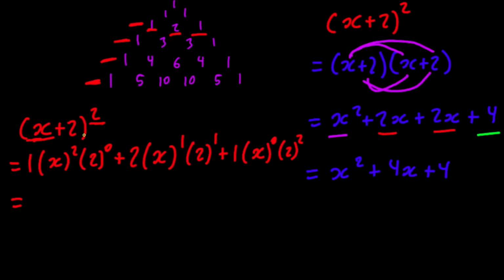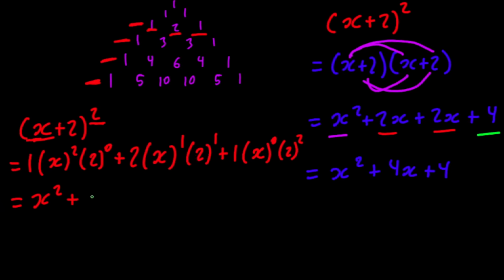So it's a bit confusing now, but as we practice this, you start to understand it and you'll see it's really simple to understand. This gets simplified as 1 times x squared times 2 to the power of 0. 2 to the power of 0 is 1. So x squared plus 2 times x to the power of 1, which is x, times 2 to the power of 1, which is 2.